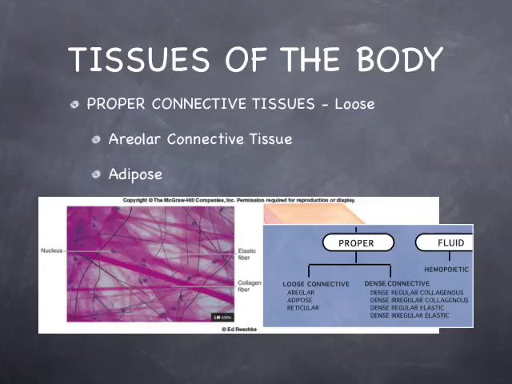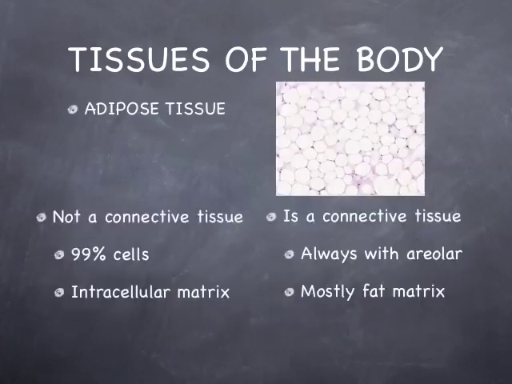That and the fact that adipose tissue looks like it's mostly matrix. When I look at adipose tissue, the majority of what I see is fat, right? A picture of adipose tissue looks like this. Does this look like mostly cells or mostly stuff? It looks like mostly stuff. Now, you and I know in reality, every one of those bits of fat is inside a cell.